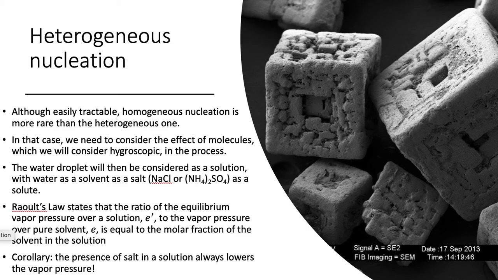Okay, but let's talk about heterogeneous nucleation now. What you see here on the right-hand side, these are actually really, really small ice particles or ice crystals. These are images that you can get with very sensitive electronic microscopes. You wouldn't be able to see all these details.